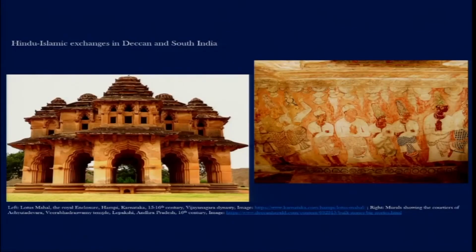Similarly, in southern India, in the Vijayanagara, of course in the Bahmani Sultanate, in Golconda and the other parts of the Deccan, we also find an abundant amount of examples which show this intermingling and merging of different cultural motifs and aspects from the Hindus as well as the Muslims and many other religions.